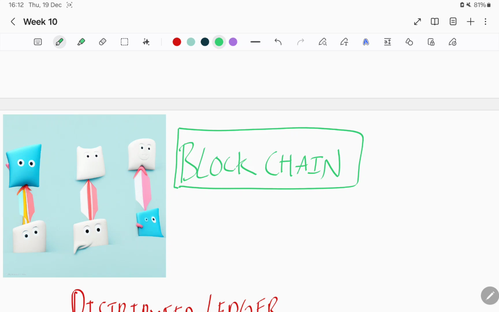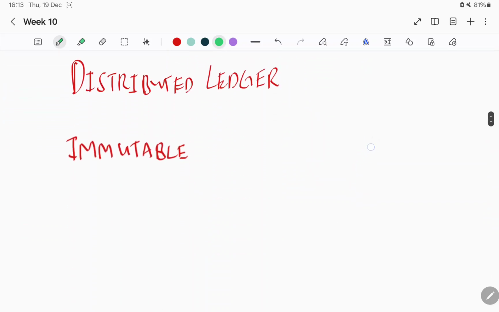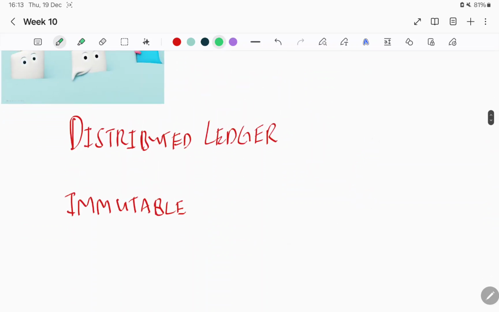And the characteristics: what is a blockchain? How is blockchain built up? Basically, blockchain consists of two big terms: distributable ledger and immutable.